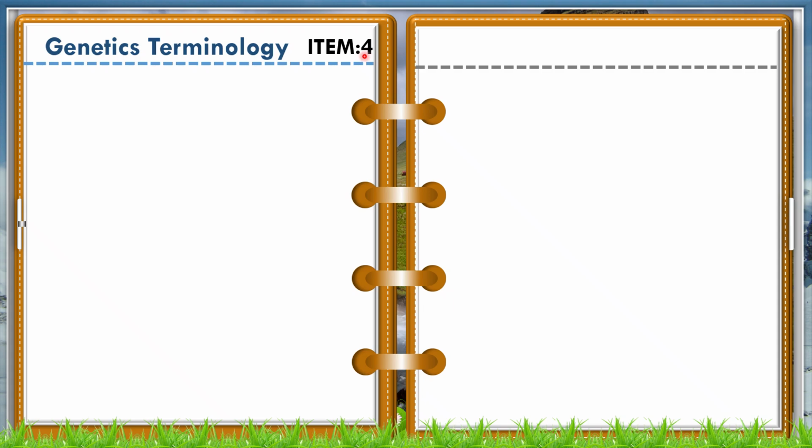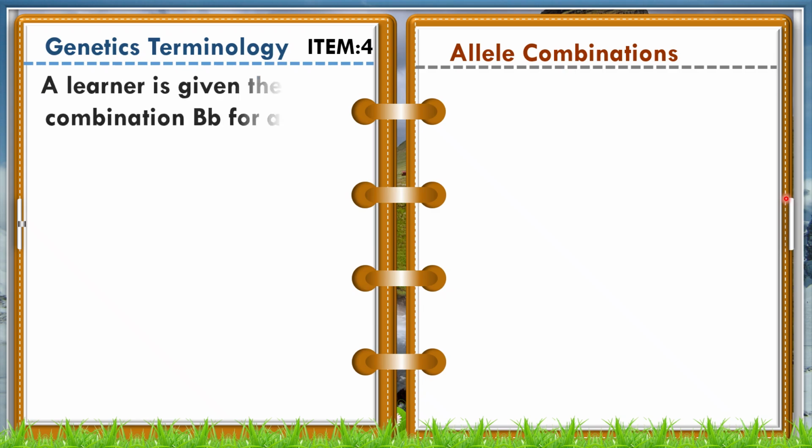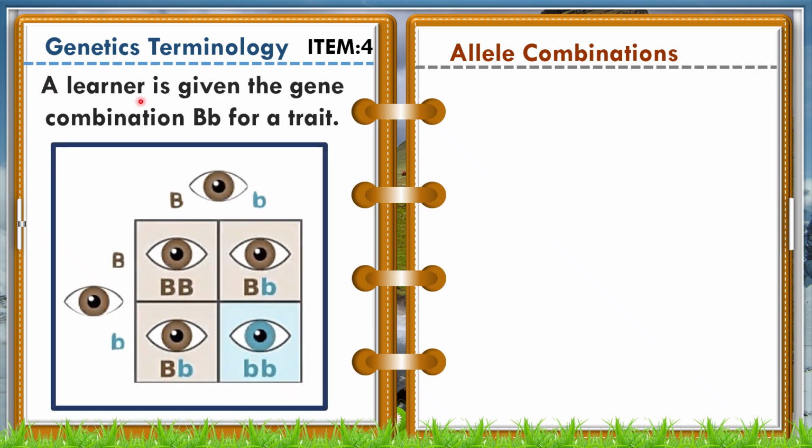Item 4. We are still on genetic terminology. We are going to emphasize allele combinations. A learner is given the gene combination capital B, small b for a trait.